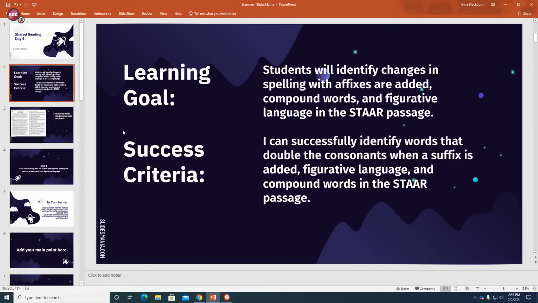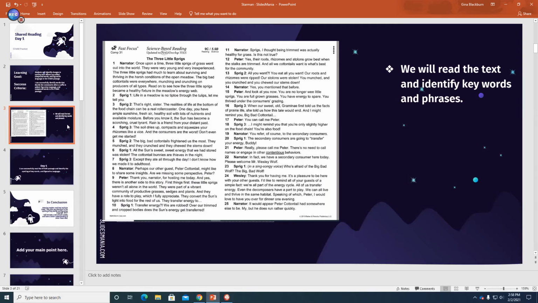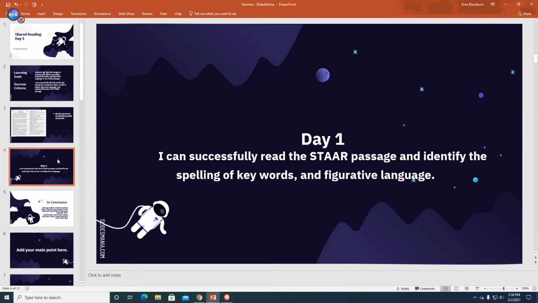Let's go ahead and wrap up our lesson today. So here's the text that we will be reading this week. Drama is the genre, The Three Little Sprigs. I can successfully read the star passage and identify the spelling of keywords and figurative language is what we did.